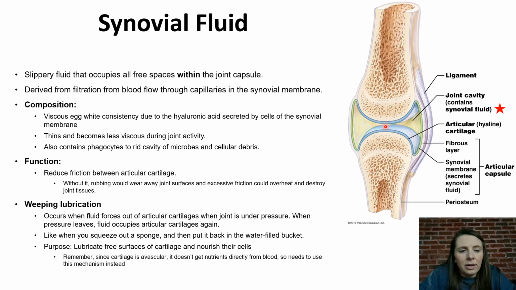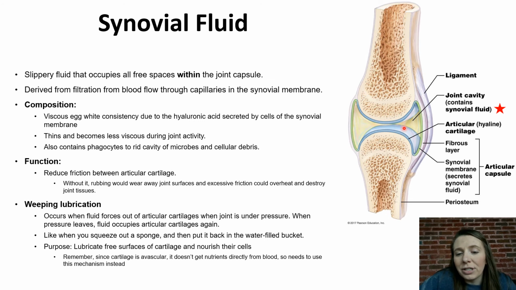And so kind of the way that synovial fluid works is in this process called weeping lubrication. This occurs when fluid is forced out of these articular cartilages into this space whenever the joint is under pressure.